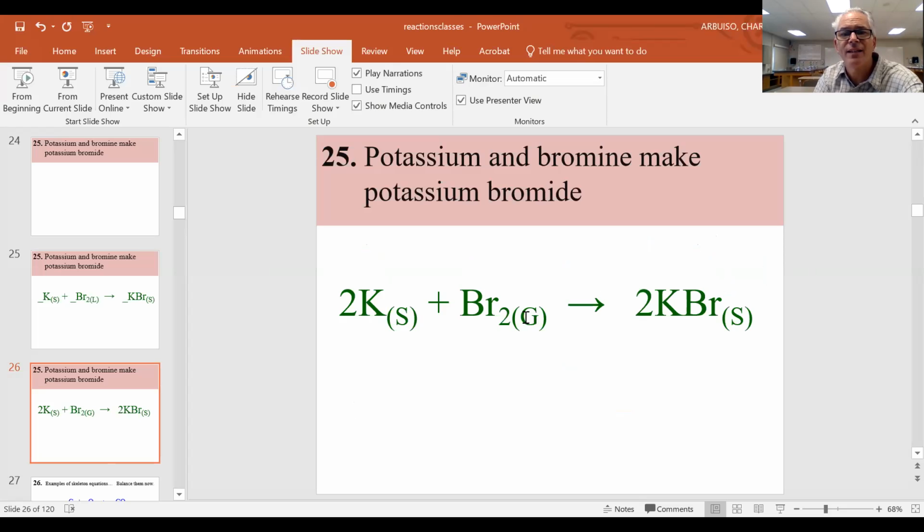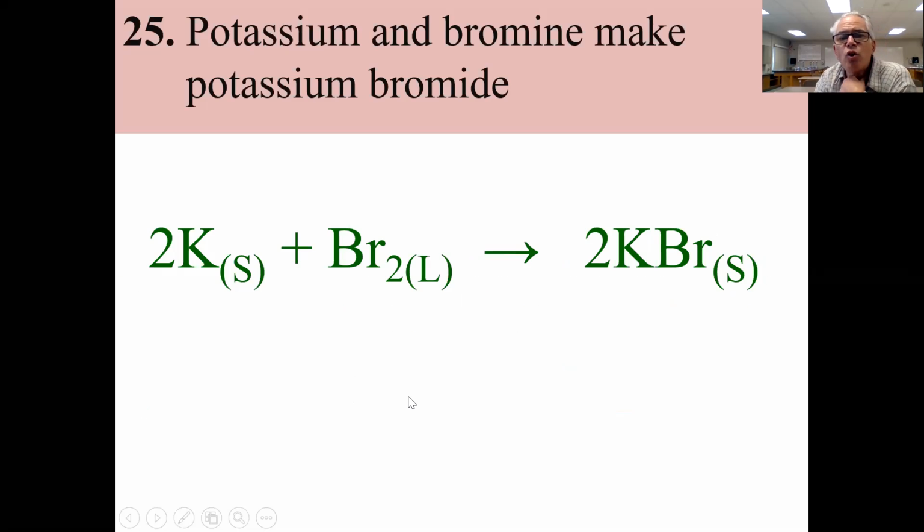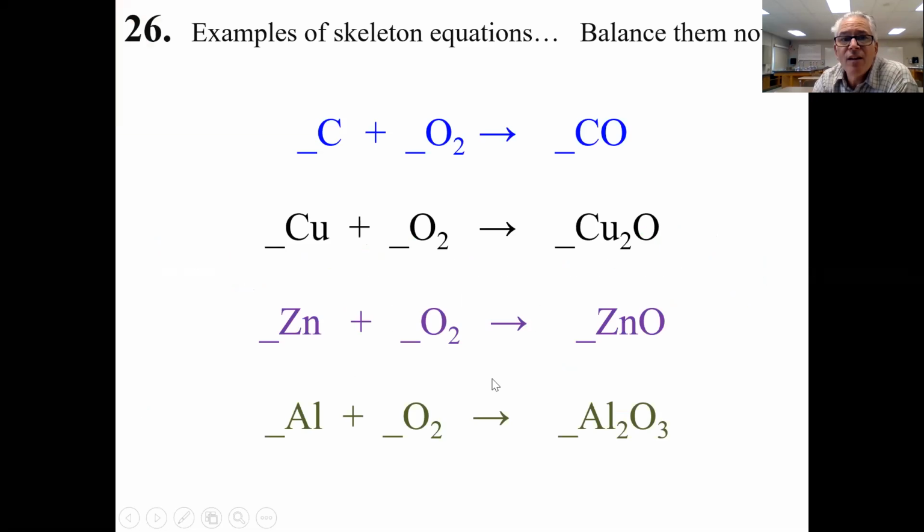And that's correct, except bromine should be a liquid. It's not going to be a gas unless it's really, really hot. And it's not really, really hot. 2 bromines in the Br2, 2 bromines in the product, KBr, KBr. And there's 2 Ks in the reactant, and there's 2 Ks in the product. This is balanced. All right, we're going to do 4 in a row really quick.